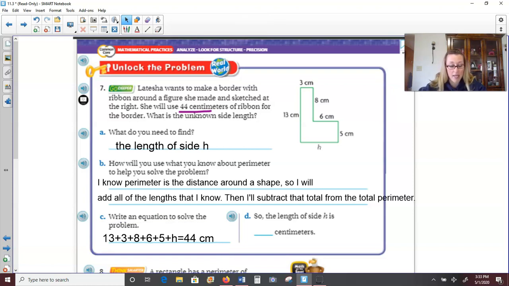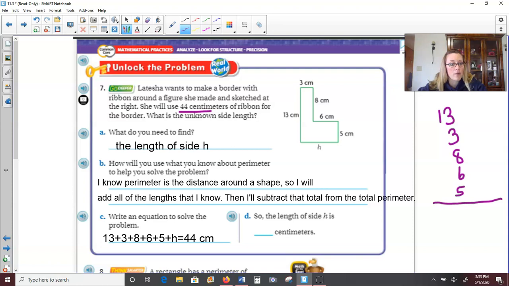Okay, and now we need to actually solve. So let's write this out. 13 plus 3 plus 8 plus 6 plus 5, and we're going to see what we get.